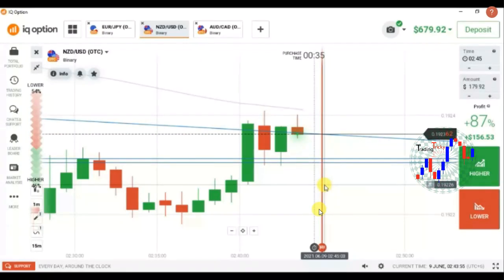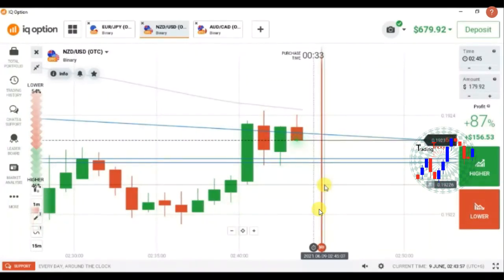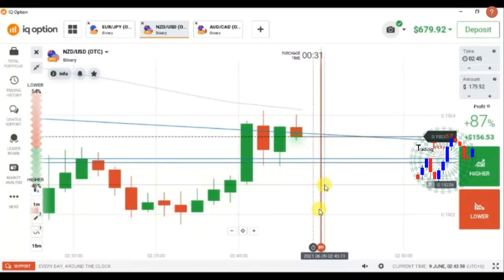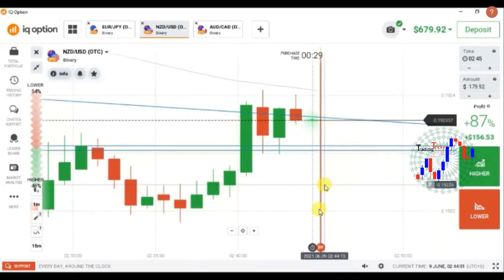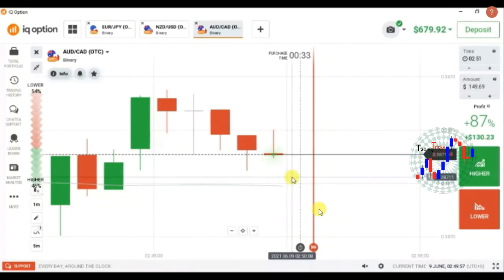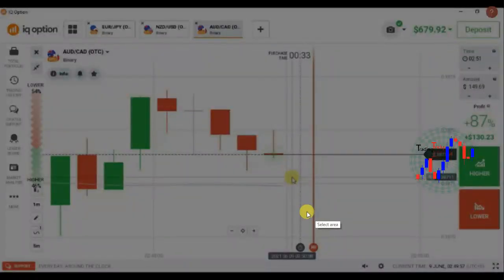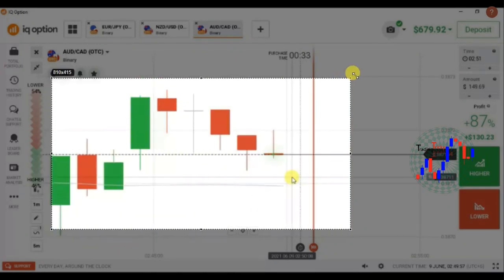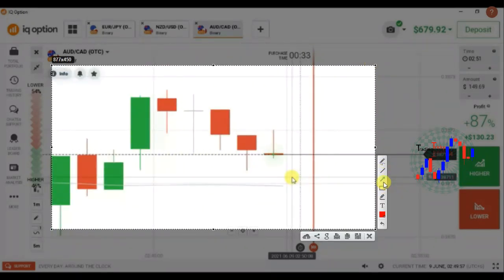Okay, see, sellers entered, but I just skipped because I was waiting for some marginal safety. Okay, I have a good formation here. The market is in flat movement, and why a good formation?